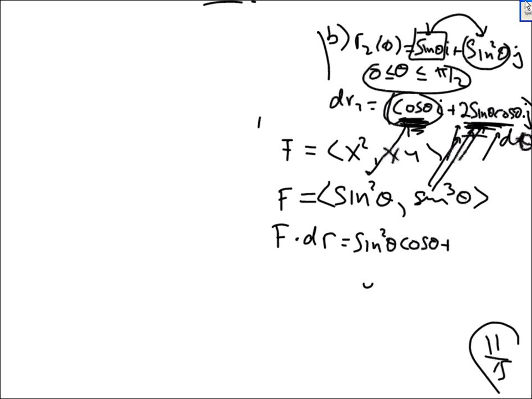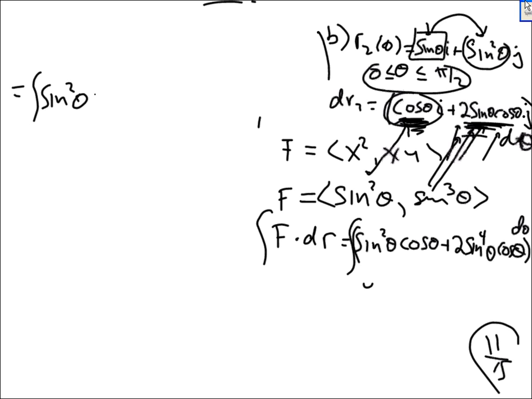So f dot dr, you multiply those, you get sine squared theta cosine theta, plus, now you multiply these two, you get 2 sine to the 4th theta cosine theta. And we want to integrate this d theta. Integrating this is straightforward.